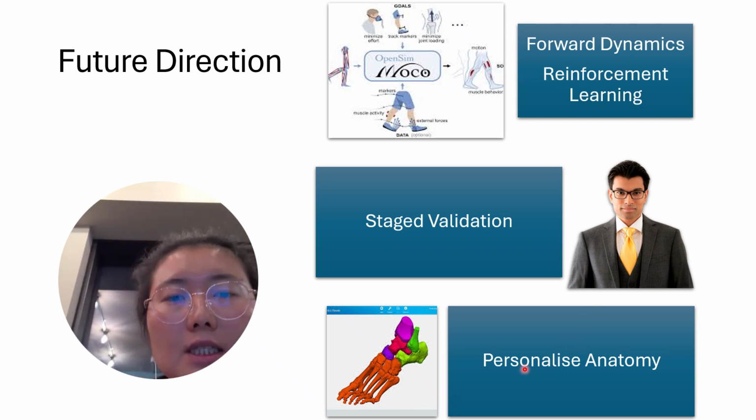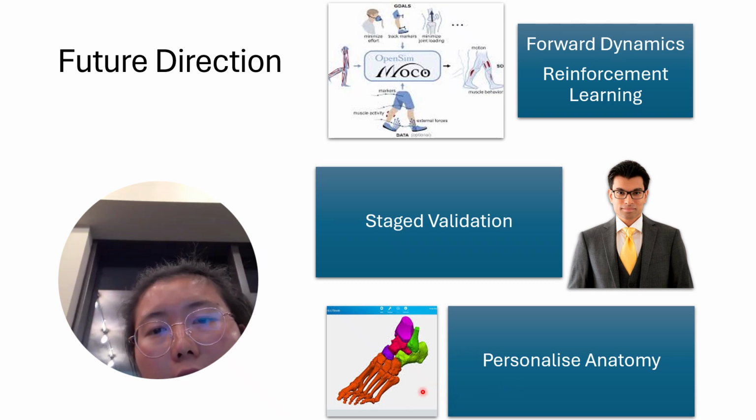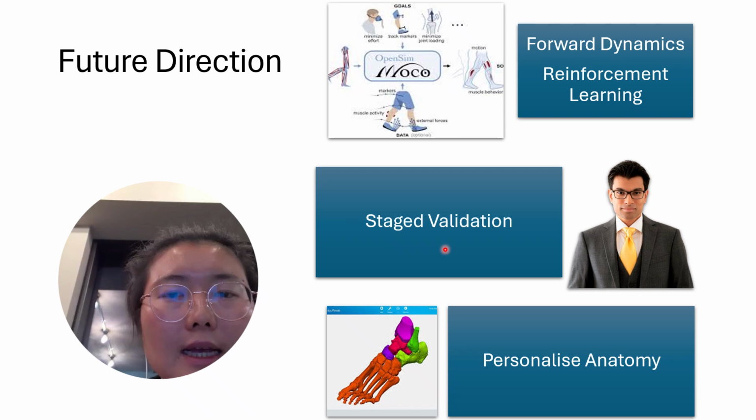Secondly, it is also important to personalize patient models with CT or MRI segmentation. And finally, a close collaboration with orthopedic surgeons to collect intraoperative measurements and clinical data will help us create a more accurate replication of the surgery and validation of the outputs.